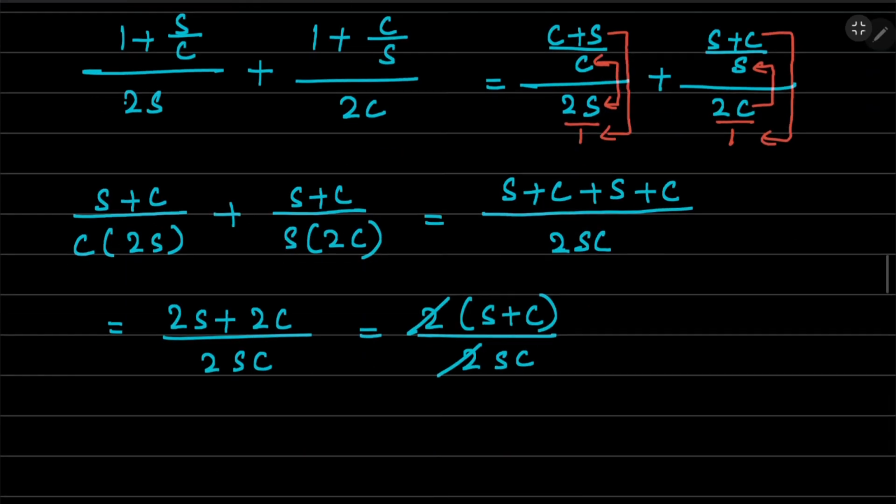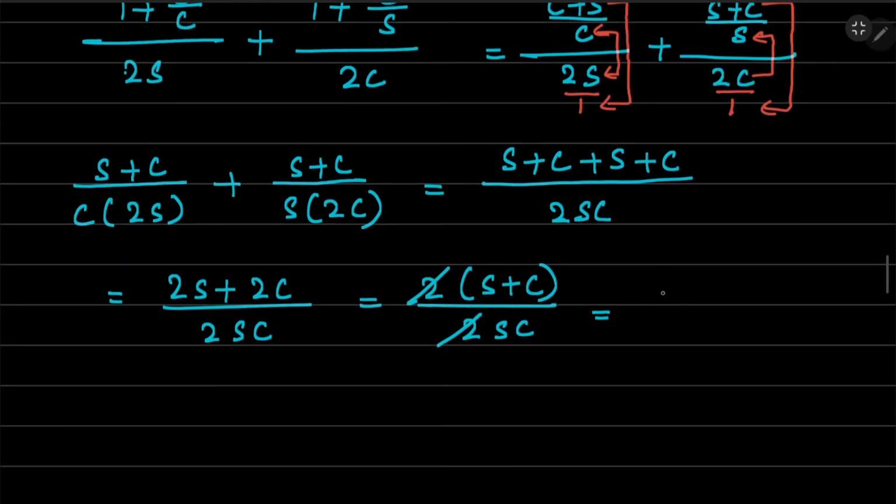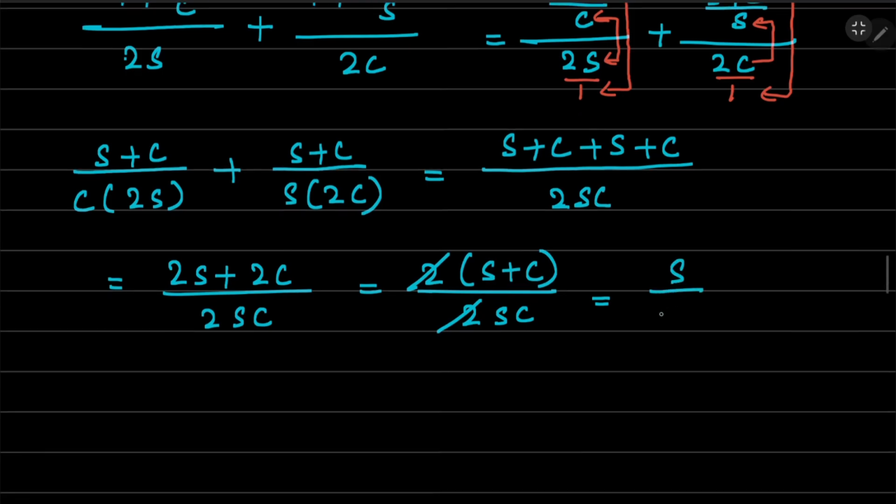The 2 gets cancelled. So just split the denominator into both the terms. So you have sine by sine cos plus cos by sine cos. Okay, sine gets cancelled, cos gets cancelled. What is left is just 1 by cos plus 1 by sine.